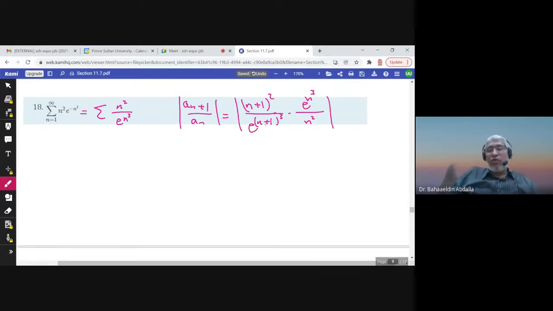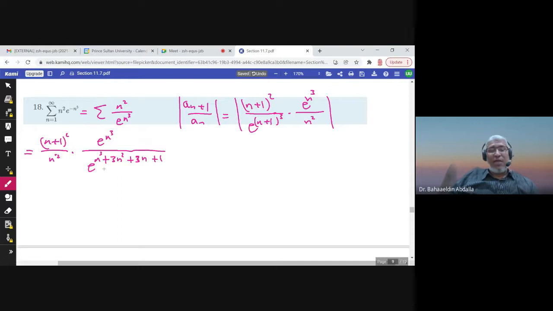Now I need to expand n plus 1 to the power 3. There is no need of the absolute value. I have e to the power n cube over e to the power n cube plus 3n square plus 3n plus 1 if you expand n plus 1 cube.